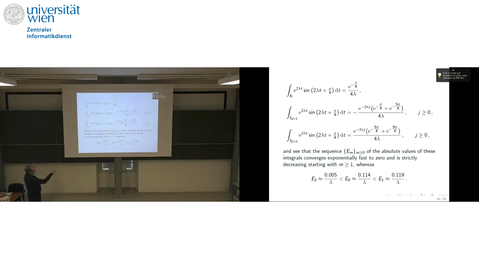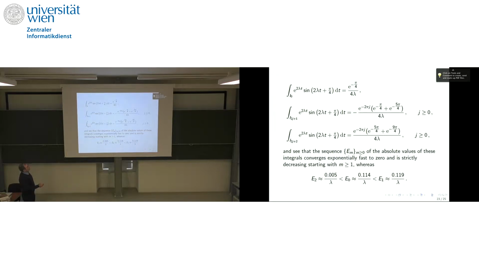So these are the numbers that you really obtain, and I will denote by E_m the absolute values of these integrals, because the first one is positive, then negative, then positive, then negative. And these values are monotone, but not starting with the first one, but starting with this one.